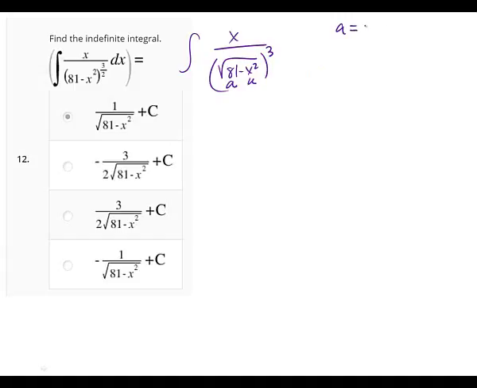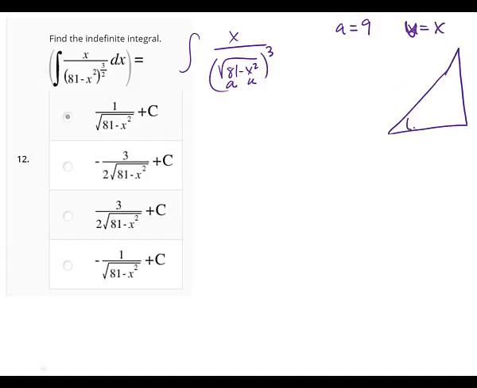So what would we use for a in this case? 9. And what would you use for u? x. All right, so we're looking at the row. I've got a number minus a variable. So which row am I looking at? The first row. So I'm going to draw my first row triangle.